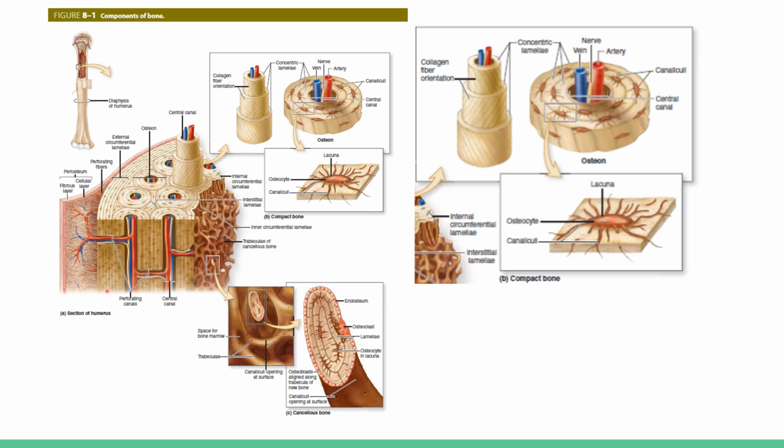So this is a section in the humerus, and this represents the typical lamellar organization of bone. Here you can see a representation of the osteoblasts, and they usually secrete matrix, and this will harden by calcification.